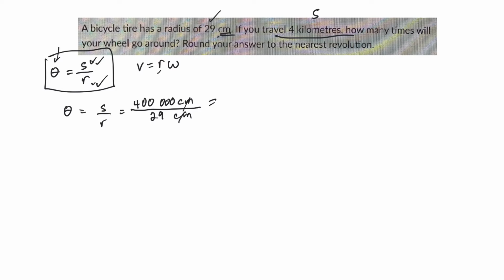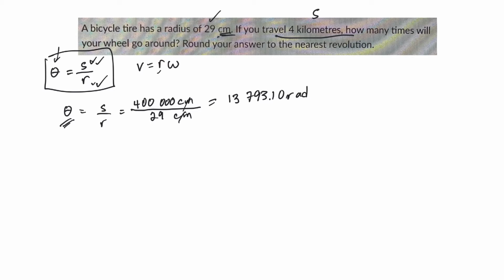Calculator. So 400,000 divided by 29 equals 13,793.10 radians.